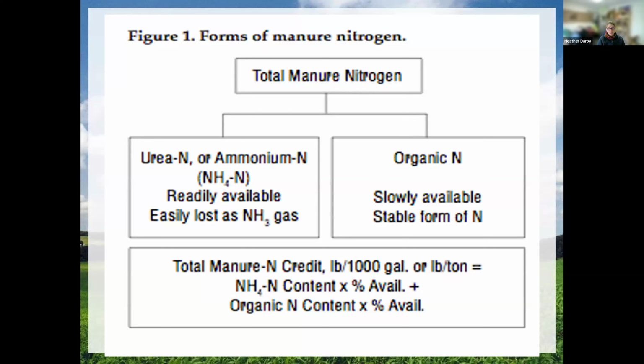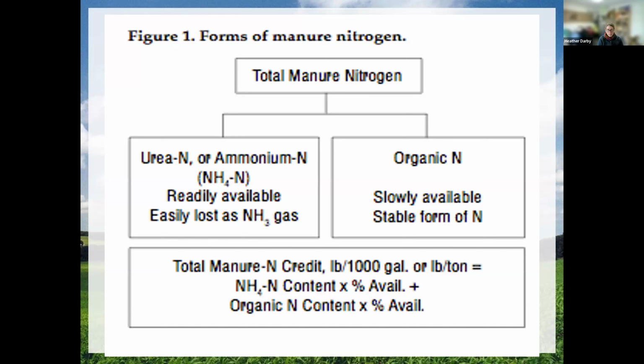It's going to depend on the microbial activity of the soil. It's going to depend on the material you put on, like how much carbon is in there. It's going to depend on how warm it is, lots of factors here, okay? So it's more slowly available and less predictable.